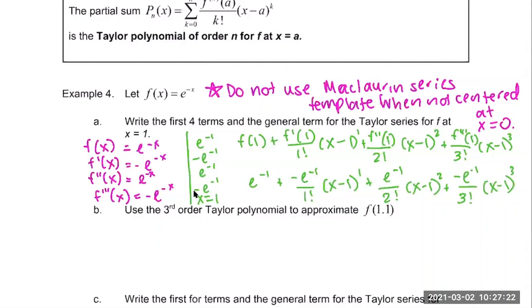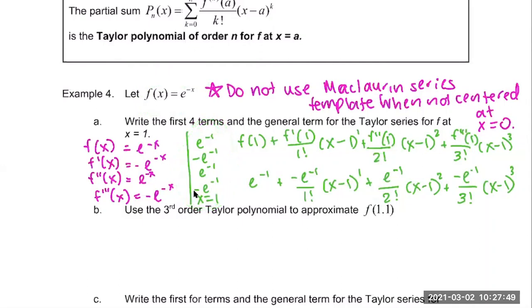Sometimes what they'll say is, you want to start to think about the fact that this is the actual function, and this is your Taylor approximation for it. Sometimes on a free response, they only give you one or the other. Sometimes they'll give you f of x, what the function is. Sometimes they won't. Sometimes they'll give you these values and you just come up with a Taylor series.